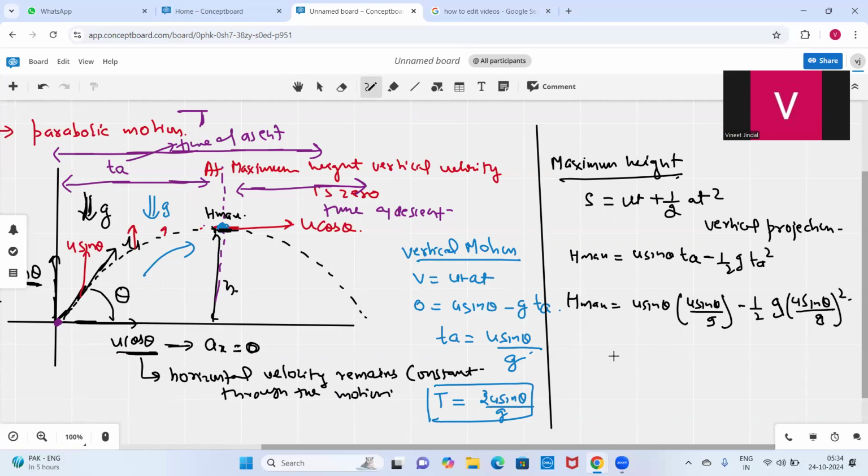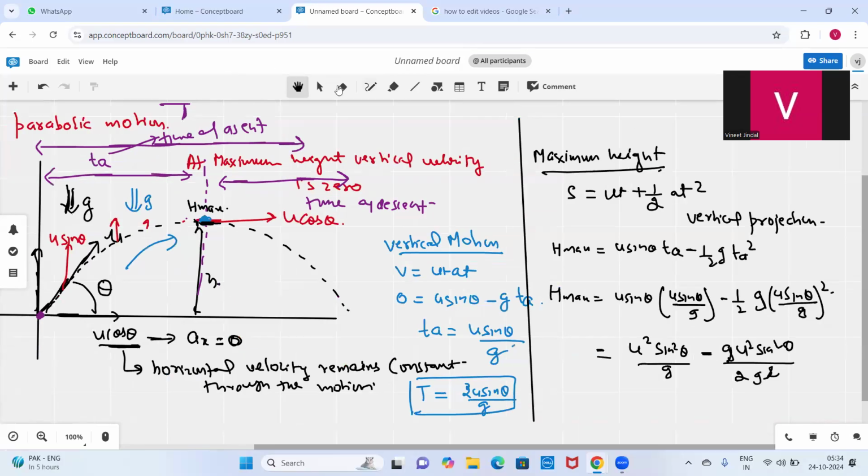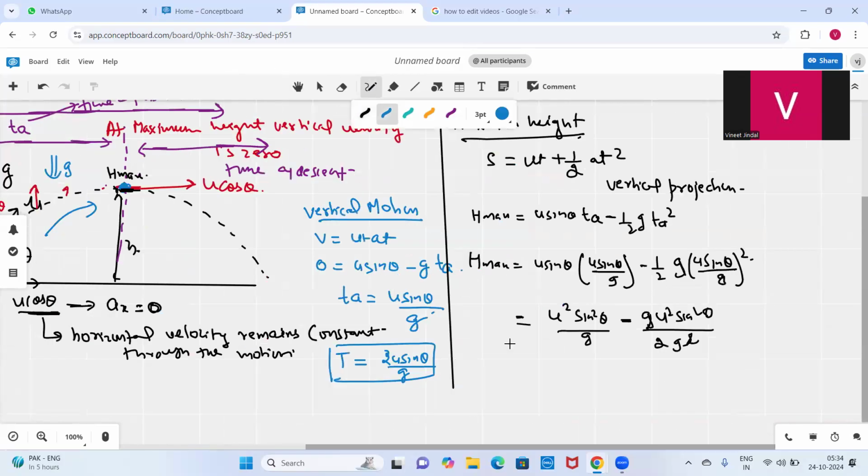We will simplify this mathematical equation. It becomes u square sine square theta g minus g u square sine square theta over 2g square. So one of the g will get cancelled out. This comes out to be u square sine square theta over g minus u square sine square theta divided by 2g.